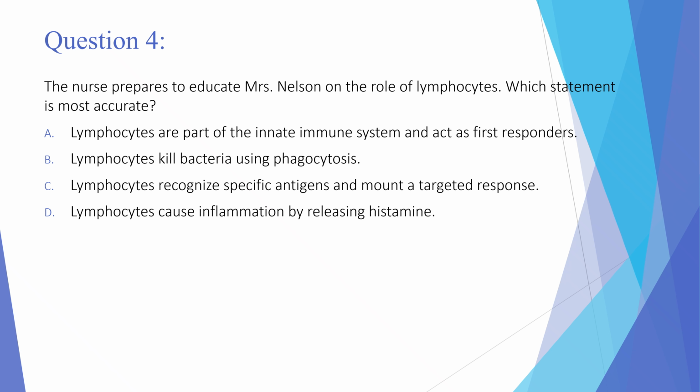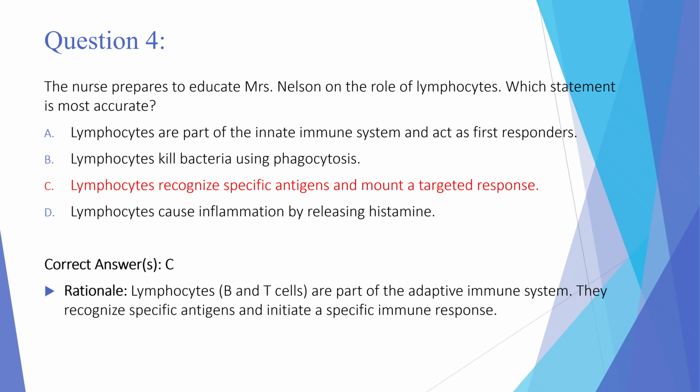Lymphocytes cause inflammation by releasing histamine. So we know it's recognizing specific antigens and mounting a targeted response, because the lymphocytes, the B and T cells, are part of the adaptive immune system. They recognize specific antigens and initiate a specific immune response.